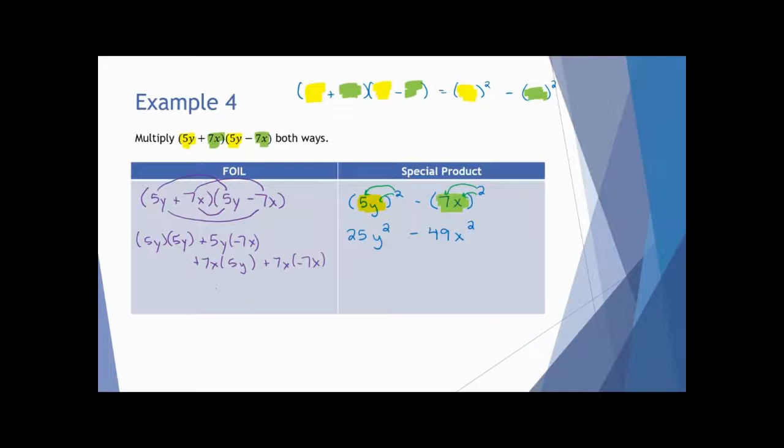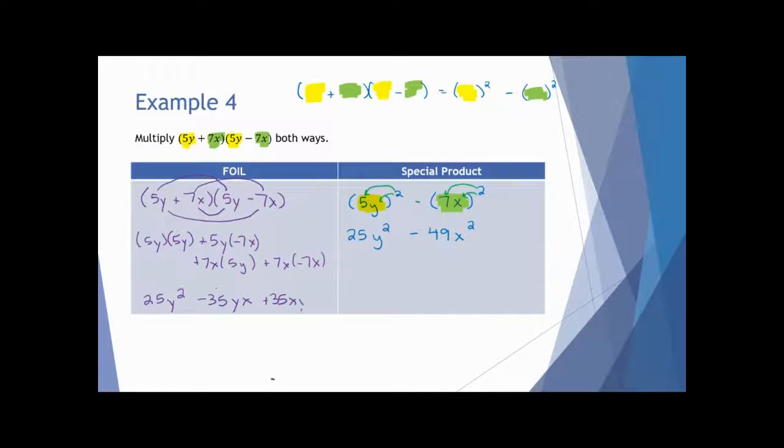Then I simplify. For 5y times 5y, 5 times 5 is 25, and y times y is y squared. Then I have 5 times negative 7, so that's negative 35, and then I get a yx. Then the next one, 7 times 5, is plus 35.